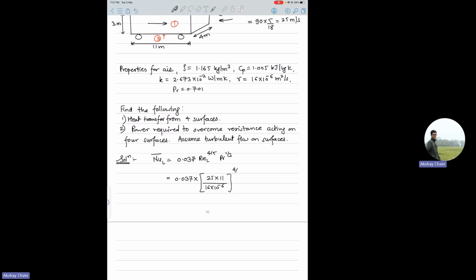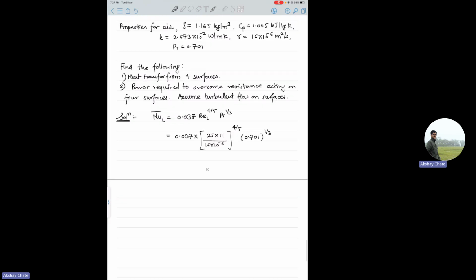So this will be the Reynolds number power 4 by 5, and the Prandtl number is given as this. If you do this, you'll get a value which should be 19658.191. So this is your average Nusselt number.